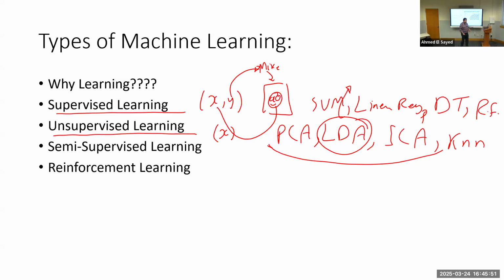What does this mean? Assume that I have an image of size 100 by 100. In this image, I have someone's face. Now, does the face use all the area of the 100 by 100?